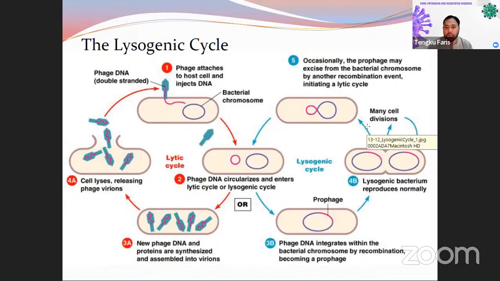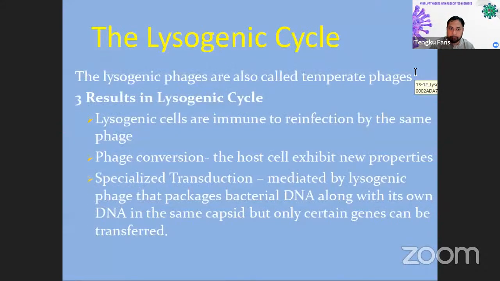Okay, so this is one way that the virus can invade the system without compromising the activity of the current or healthy bacteria that they invade. Okay, so this is the explanation for the lysogenic cycle.